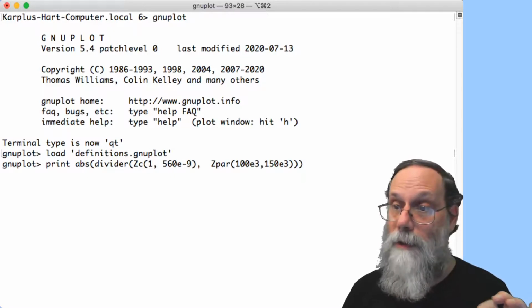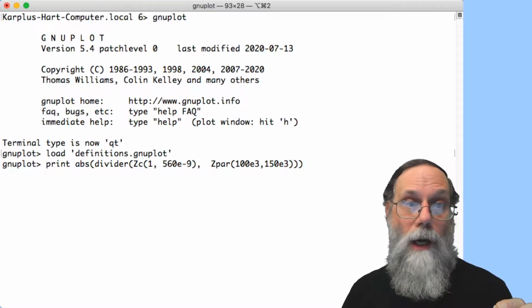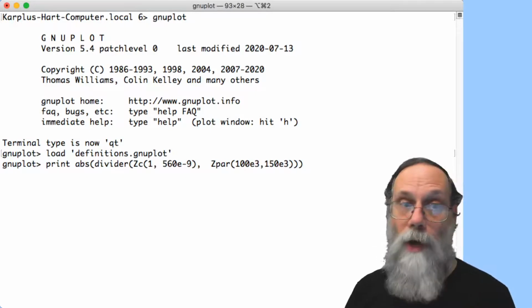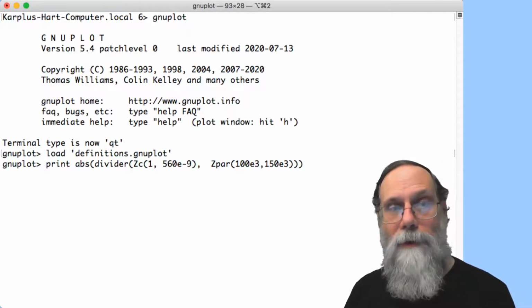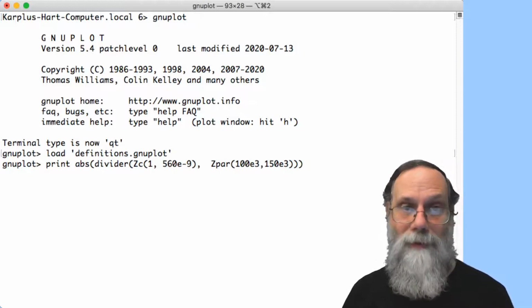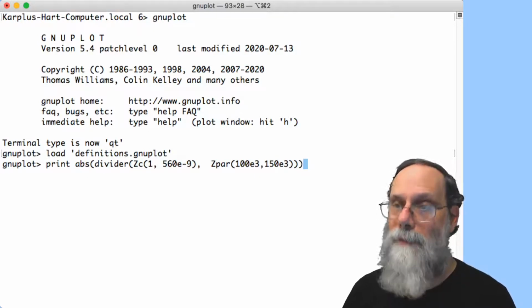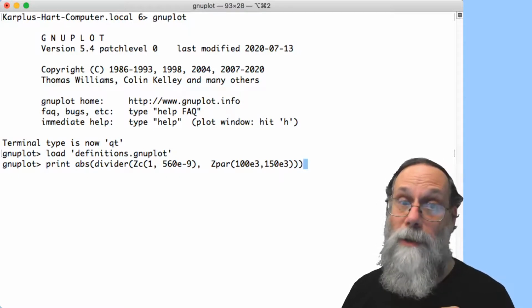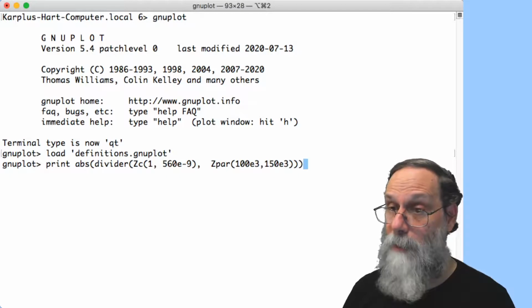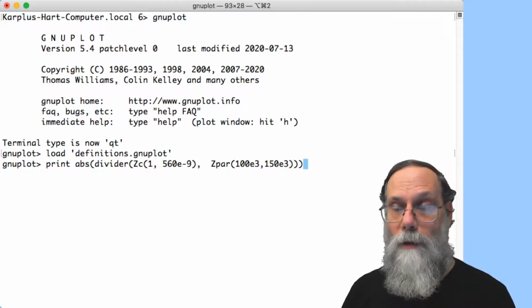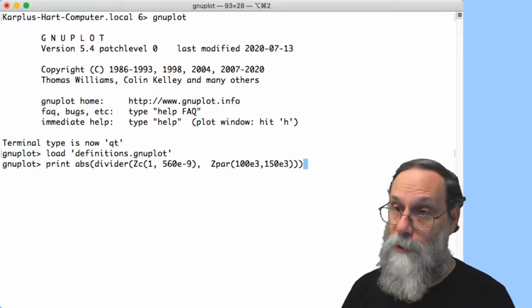And on the top, I've got the impedance of a capacitor at 1 hertz of 560 nanofarads. Okay? That's my top part of my voltage divider. The bottom part of my voltage divider is going to be 2 resistors in parallel, because remember that the equivalent circuit for our voltage divider was to put those 2 resistors in parallel.